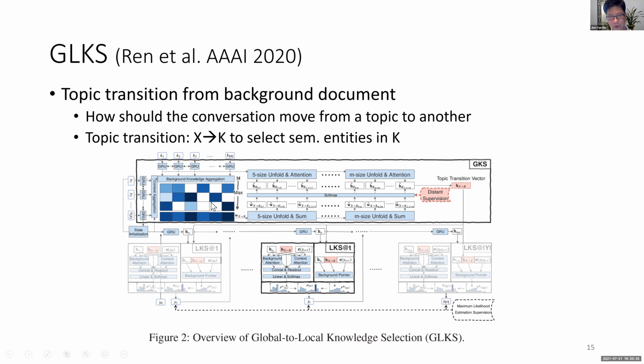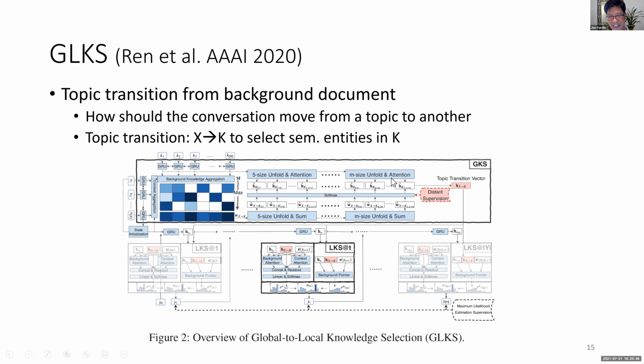So you will have different degrees of matching. And from that, the system will learn the transition by using different sizes of a window. That is, when I talk about this topic in a sentence, what I'm going to talk about in the next sentence and so on, within 5 sentences.